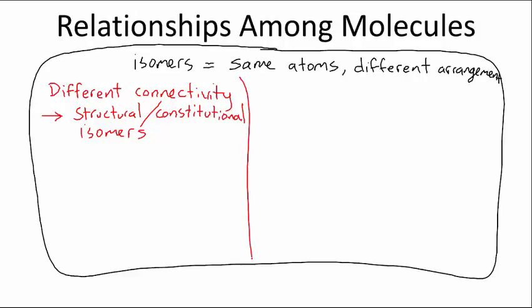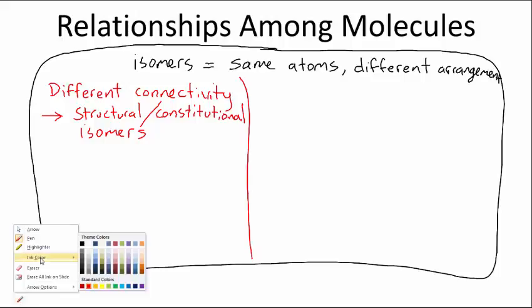So our biggest subdivision among isomers is going to be into ones that have different connectivity, which are called structural or constitutional isomers, and ones that have the same connectivity, which we'll call stereoisomers.